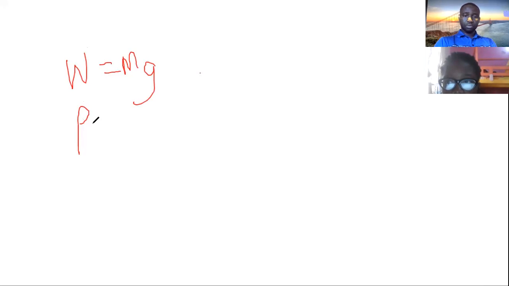We know that the weight W is equal to mg, and density rho is equal to m over v.